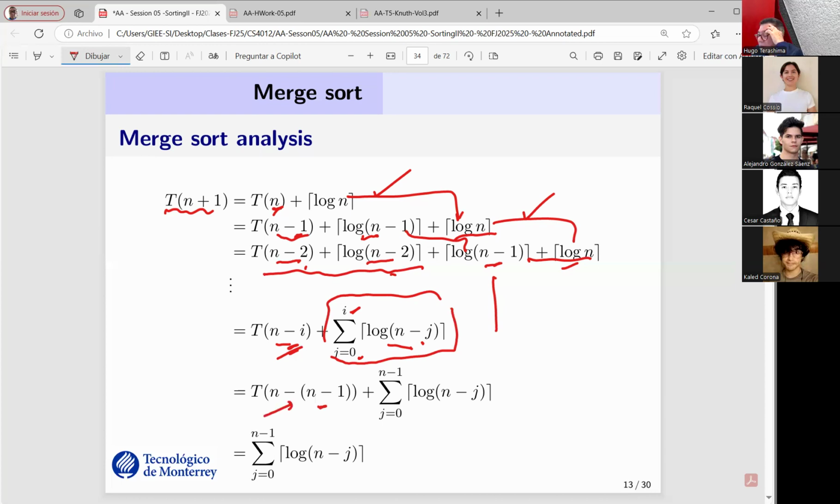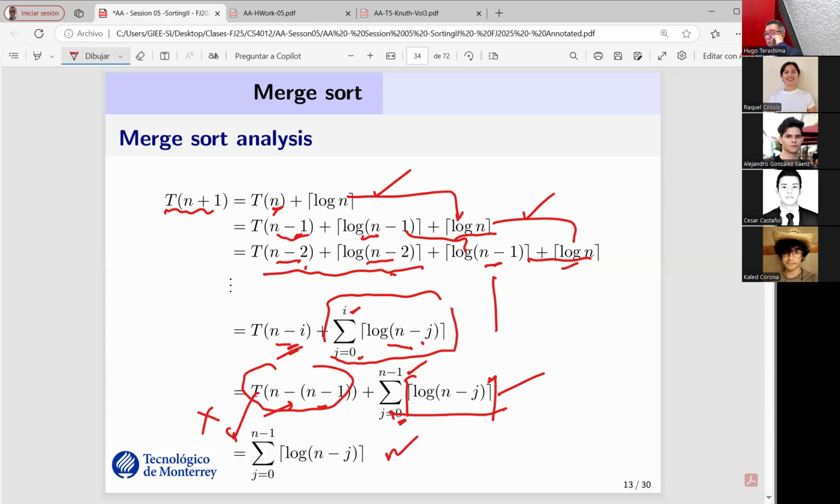So I'm going to sum from 0 to n minus 1, with the ceiling here. T of 1 is going to be 0, so that's the reason I discard this element and just keep this expression.